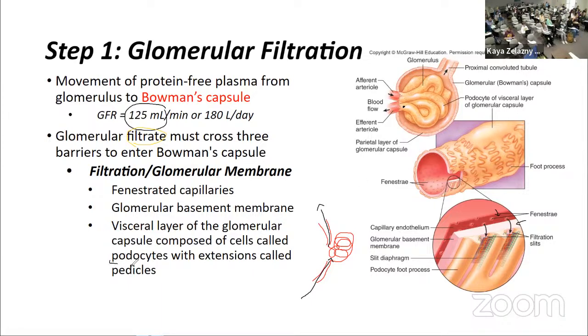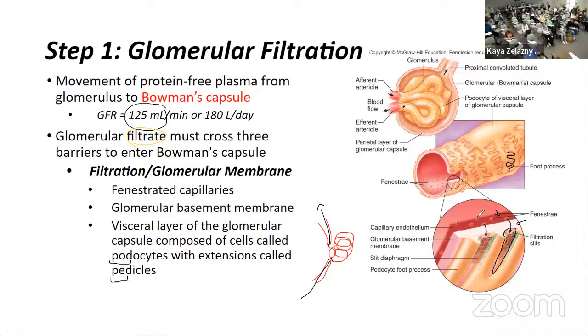Whenever you see like pod or ped, these are roots that kind of mean feet. So these are cells with these sort of foot processes that partially cover over the outer layer of this capillary, but leave these slit pores that are pretty big, which is why we can have almost everything except proteins crossing over.